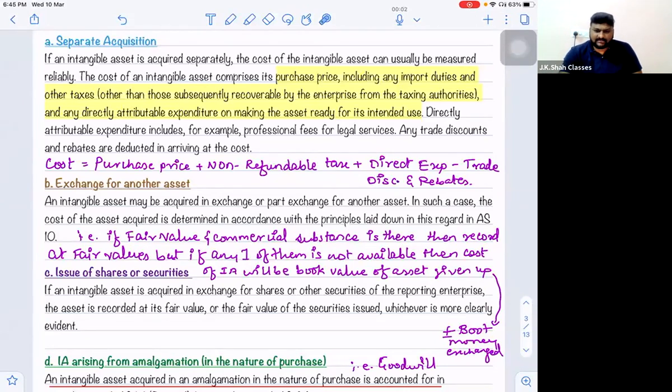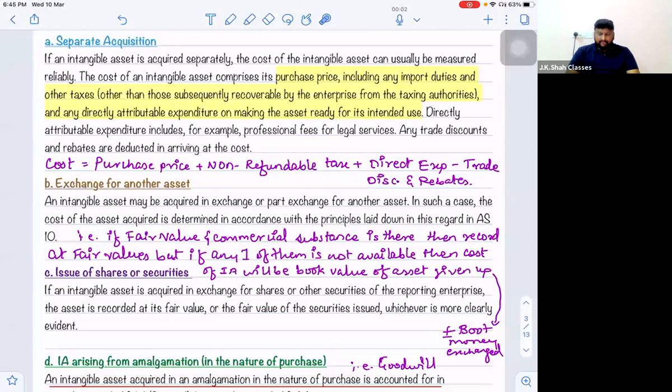Sir, I don't know if the doubt is correct, but supposing the fair value of both assets, the asset that we are giving up and the asset that we are acquiring, both the fair value and commercial substance is known. It is known, sir. It is there. Okay. But still, if we are paying some boot money, my question is, is that condition possible, sir?